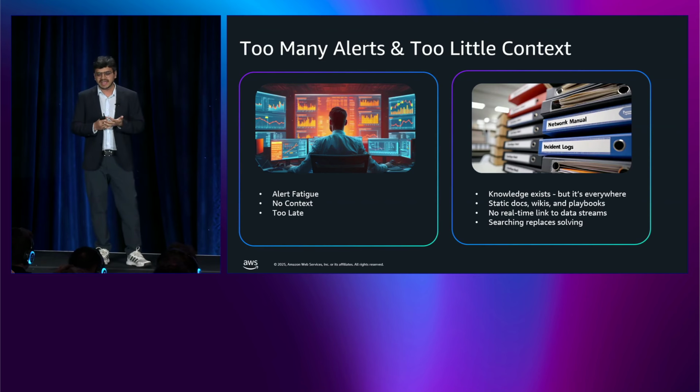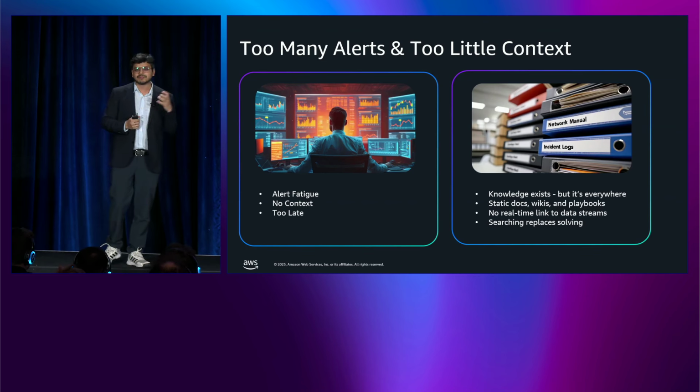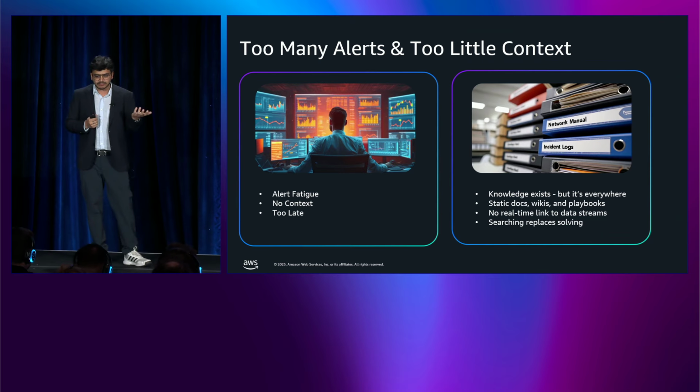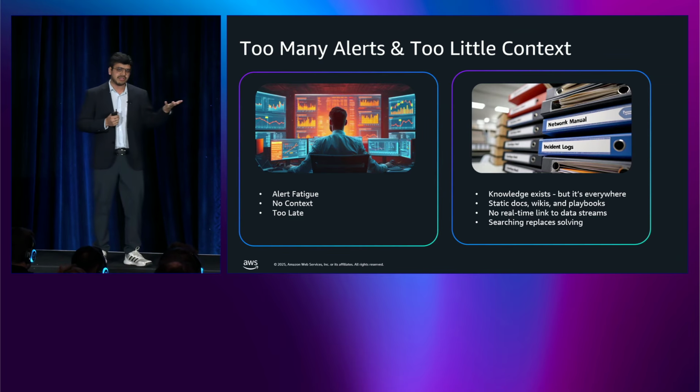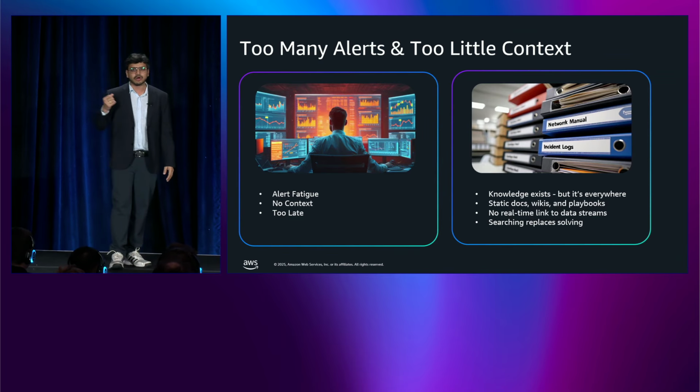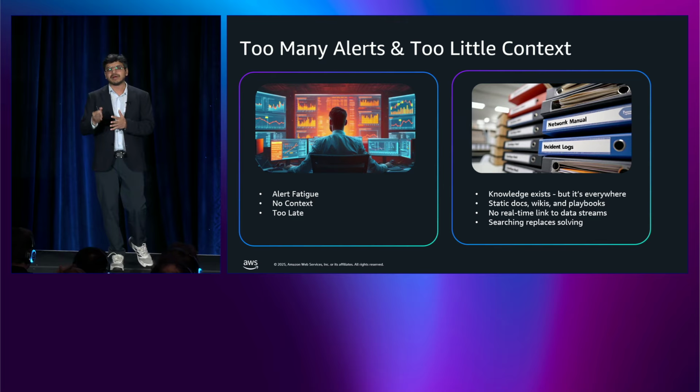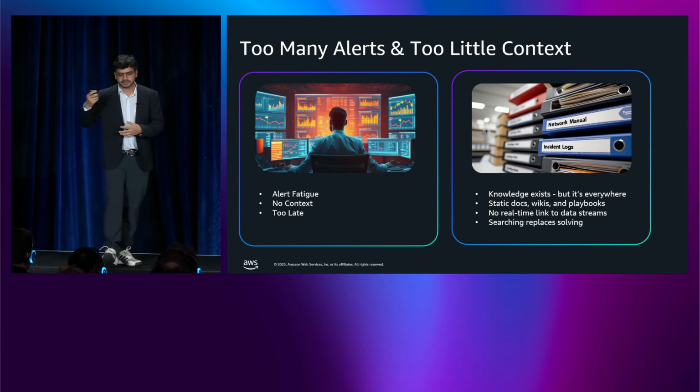When the real anomaly happens, you cannot go back and look through those PDFs to find the exact issue. In the middle of the incident, that knowledge becomes very critical, but it is as good as being locked in a vault that you want to open in the middle of the night. You have the answer, but you're not able to find it.